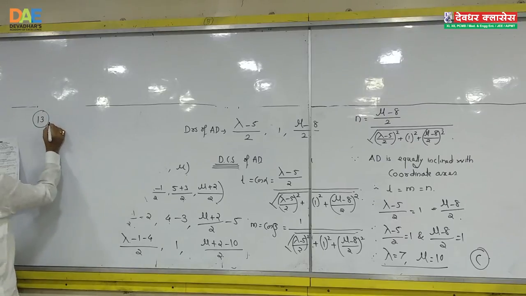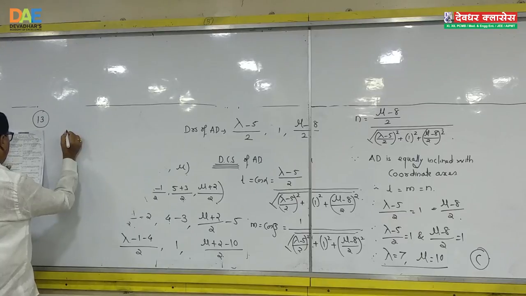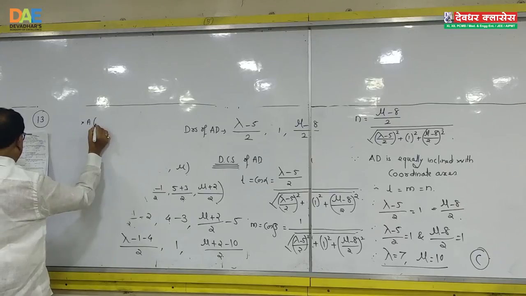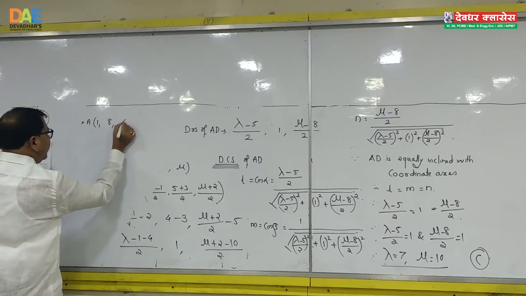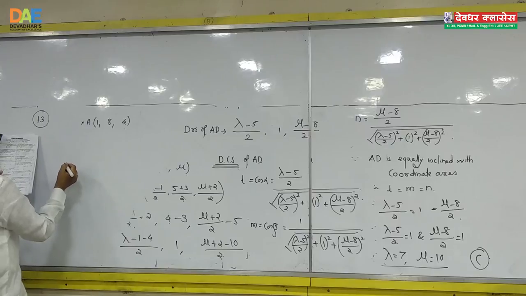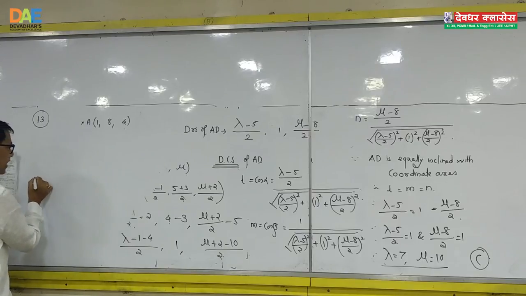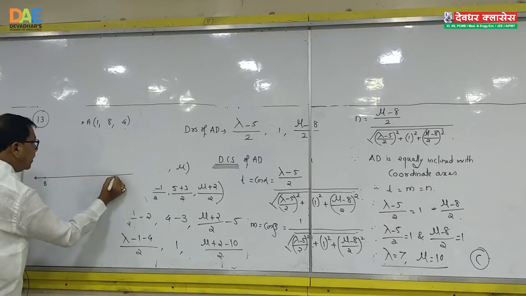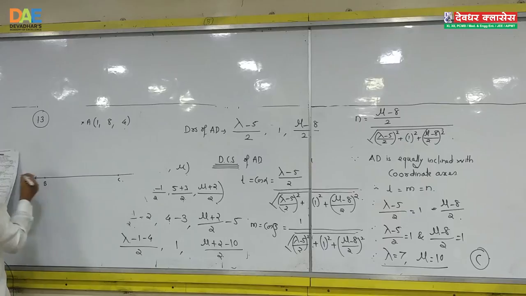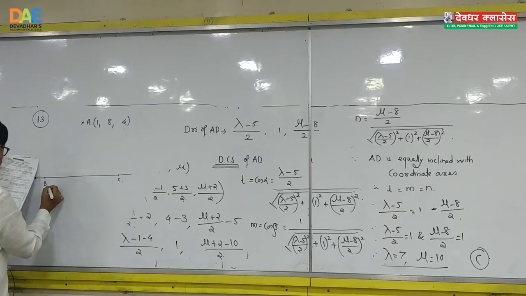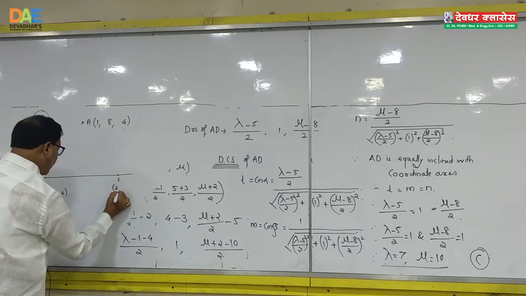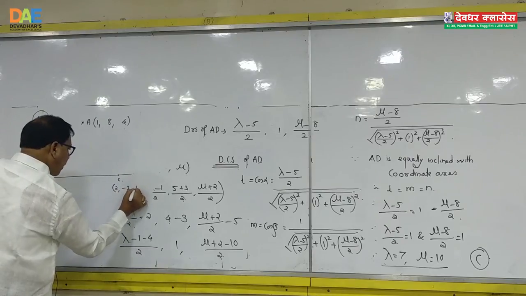Example number 13. The foot of the perpendicular drawn from the point A(1, 8, 4) to the line joining B and C. B is (0, -11, 4) and C is (2, -3, 1).